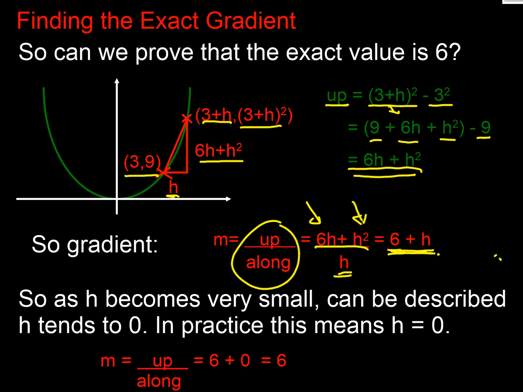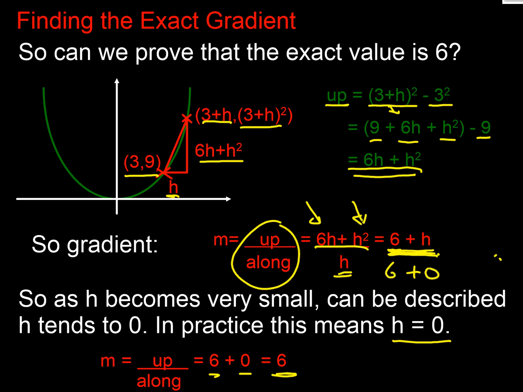Now, what we were looking at here is making triangles smaller and smaller, and so h gets smaller and smaller. And in practice, when it gets really, really small, in effect, h is 0. So what happens to this expression when h is 0? Well, the first term remains at 6, and the second one is 0. So we're looking at our gradient: 6 plus 0, which is 6.